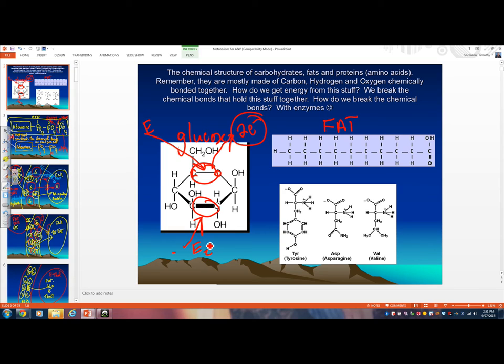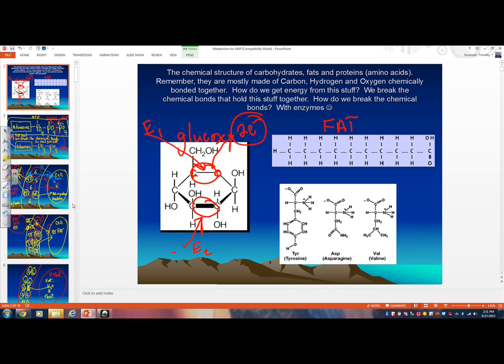So this is enzyme 1, it breaks this bond, and enzyme 2 is going to break this bond. So metabolism is nothing more than a series of enzymes that break the chemical bonds of glucose and fat. And it will use glucose or fat, whatever's most readily available. So I just explained to you that insulin determines that.